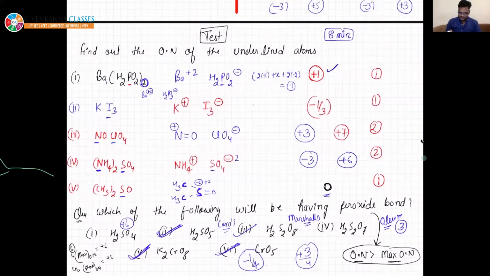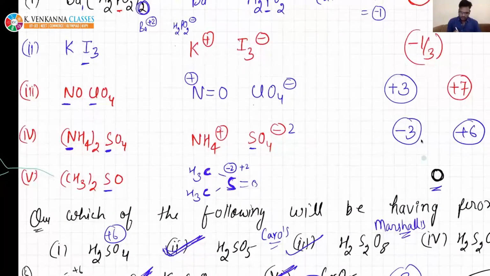For the third one, it is NO. I have already told you it is nitrosonium cation, right? So in nitrosonium, the charge is on nitrogen, that is +1. So if you break this 2, nitrogen is more electronegative, so you will have -2 over here.